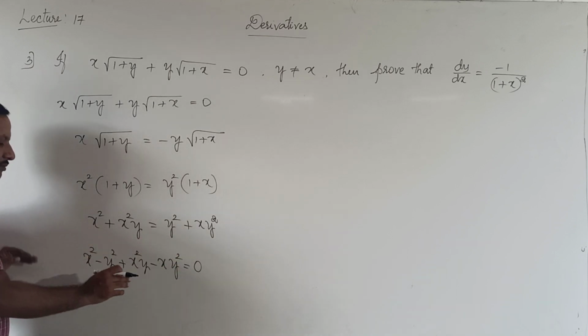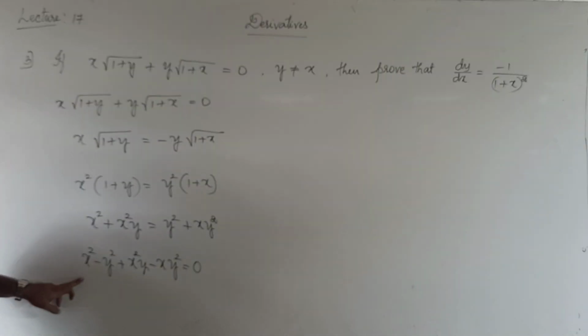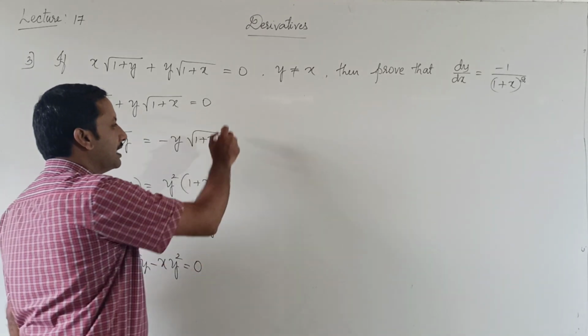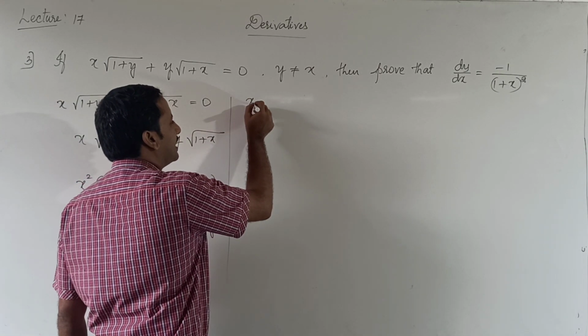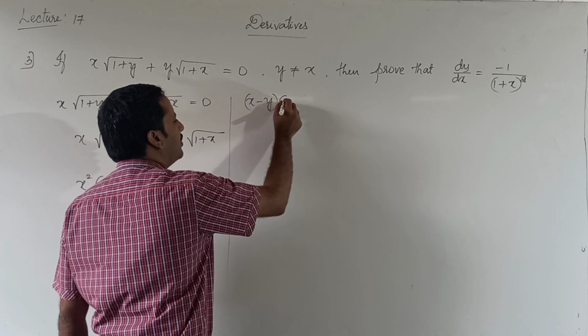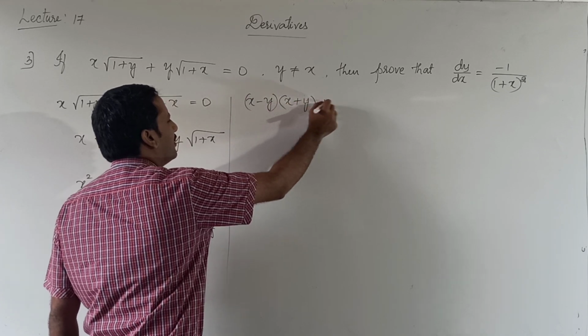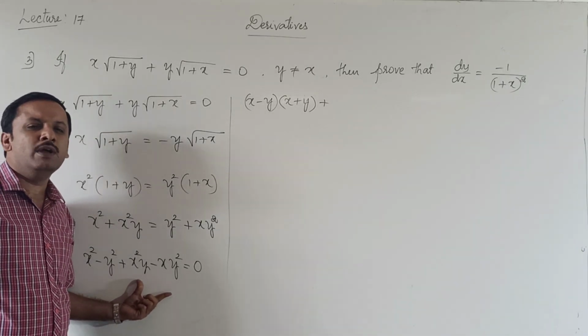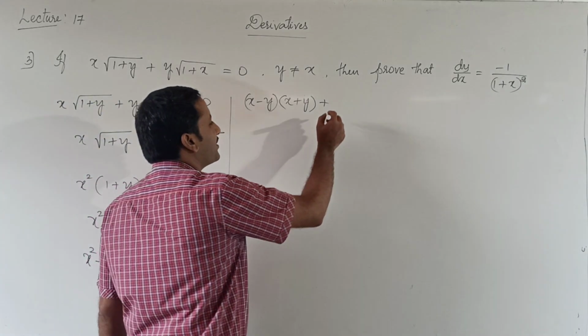I am bringing these two terms to the LHS. Now here the first two terms we have x^2 - y^2. I can write that as (x - y) into (x + y) plus. Here x^2 y - xy^2 we have, in that I will take xy as common.